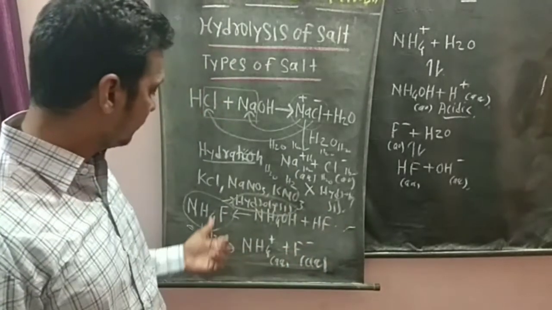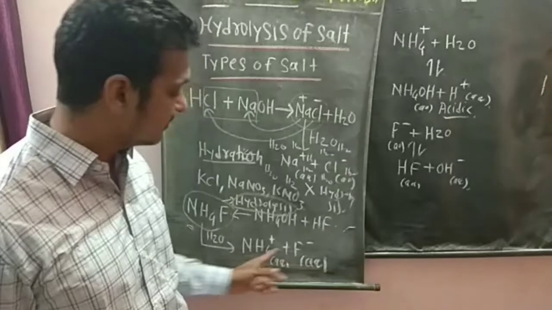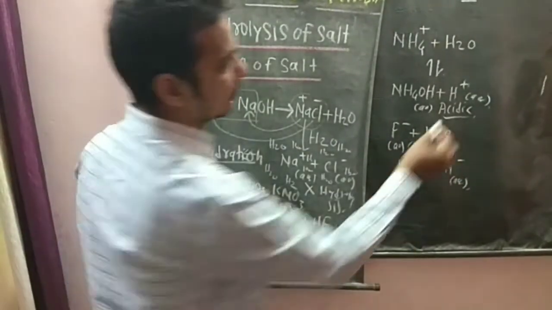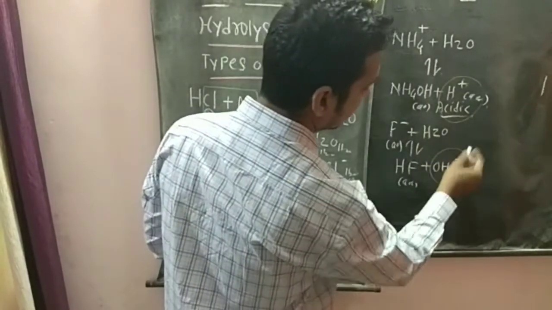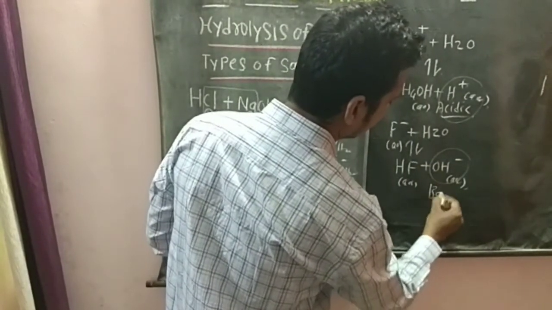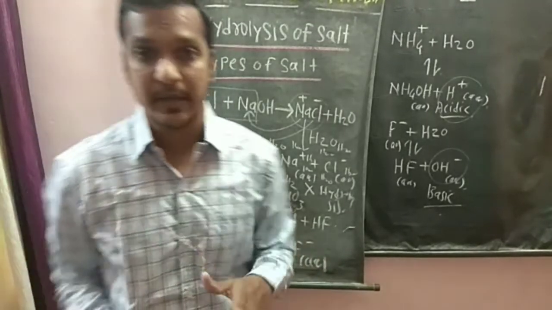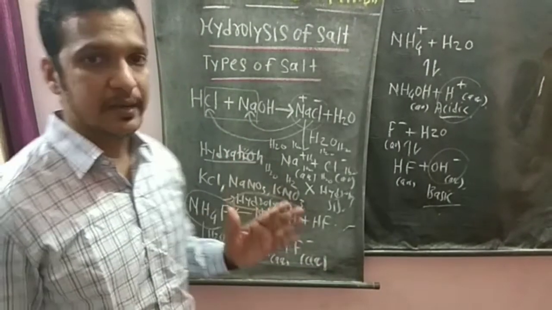But ammonium chloride undergoes hydrolysis because these ions further react with water to form an acidic solution, or OH minus means a basic solution. So this is called a hydrolysis reaction. So this is the difference between hydrolysis and hydration.